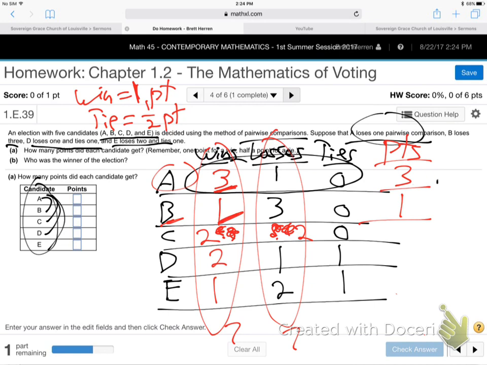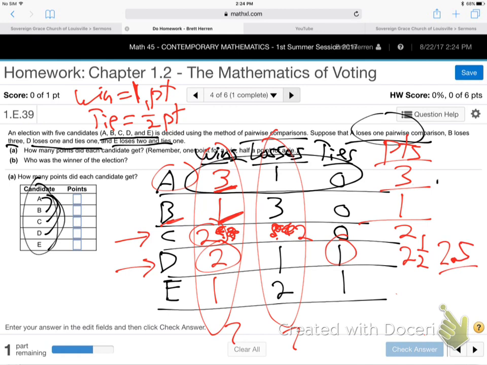With me? C. How many points does C get? 2 for his 2 wins. Nothing for your losses. D. How many points does D get? 2.5. We all good with that? Because 2 wins and then the 1 tie you get a half point for. So 2.5. I think they probably want the decimal.